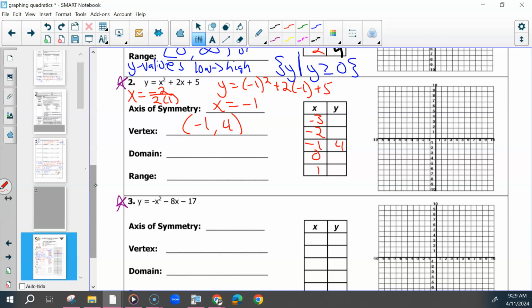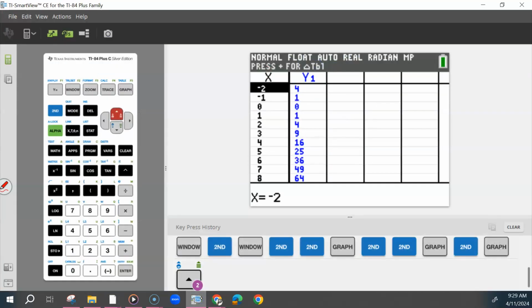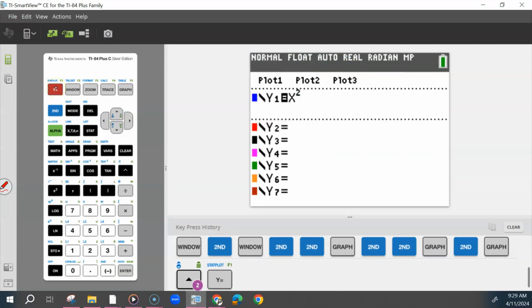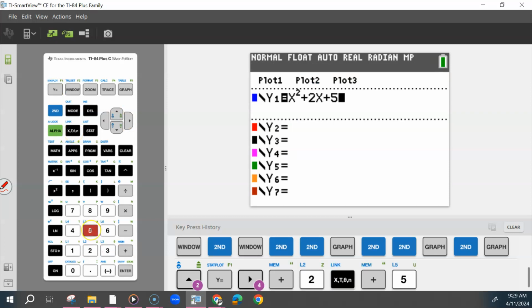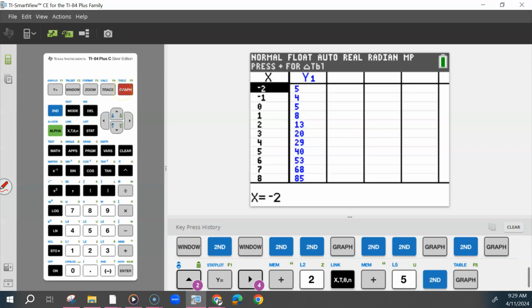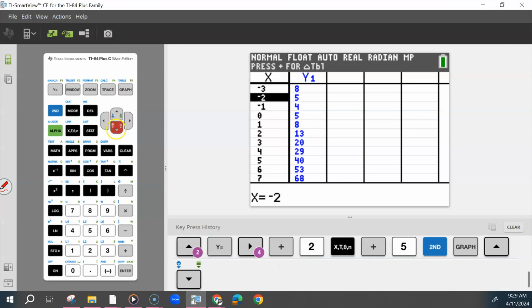Go ahead and do that. Find that vertex point, and then fill out your y values. 8, 5, 5, 8.